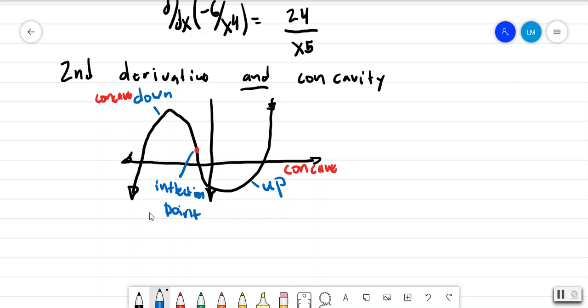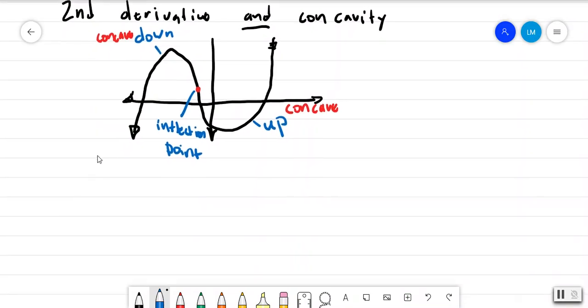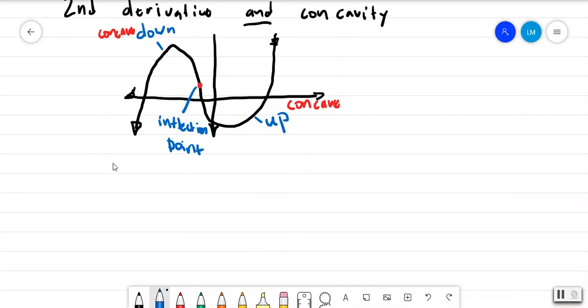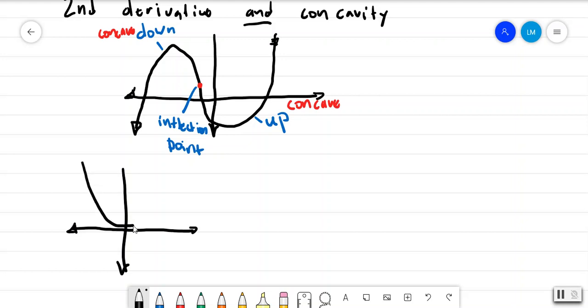Okay, if you have an inflection point where concavity changes, you have to make note that it is possible for concavity to not change, for example with the parabola. A parabola looks something like this.